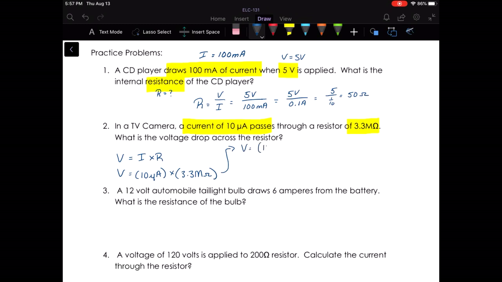So micro is 10 to the negative 6, and mega is 10 to the 6th. So when I multiply this, I get 33 times 10 to the negative 6 plus 6, and that's just 0, right? And 10 to the 0 is just 1, so the voltage drop would be 33 volts.